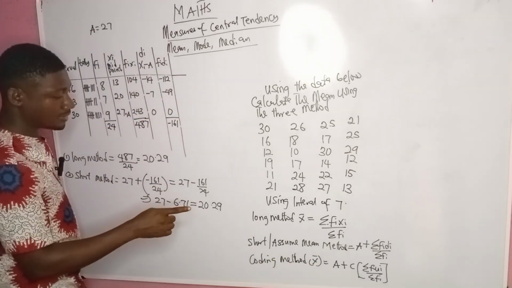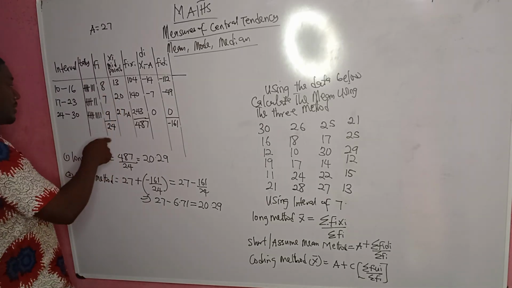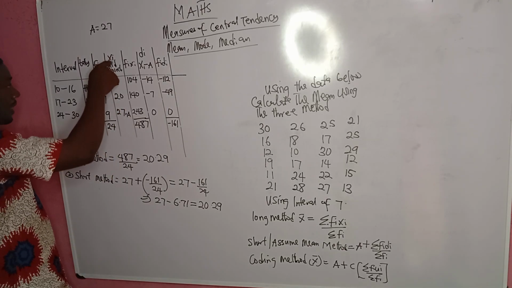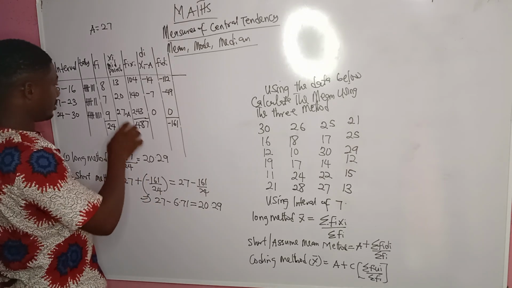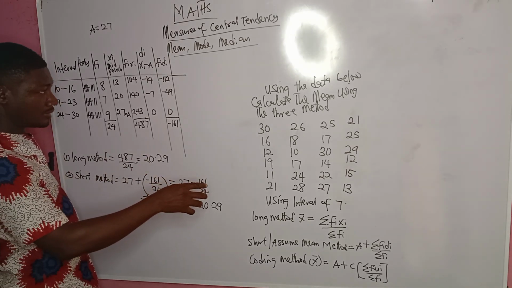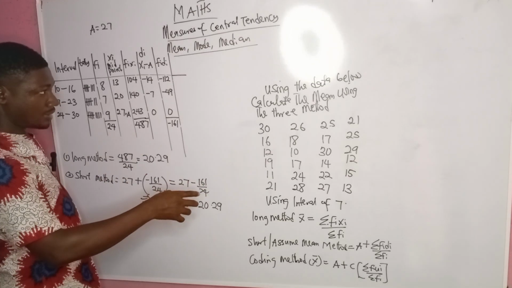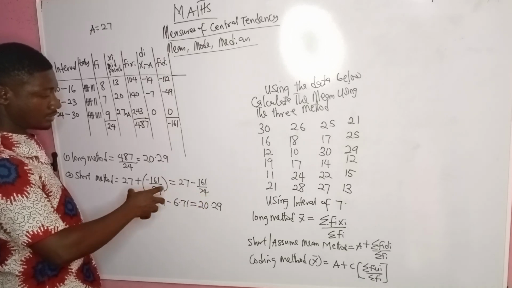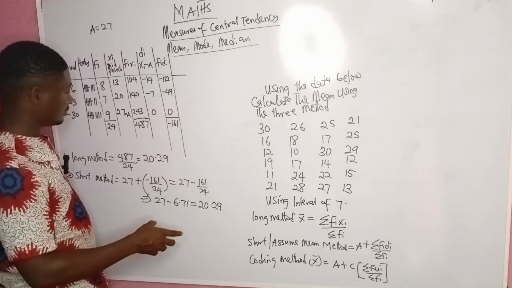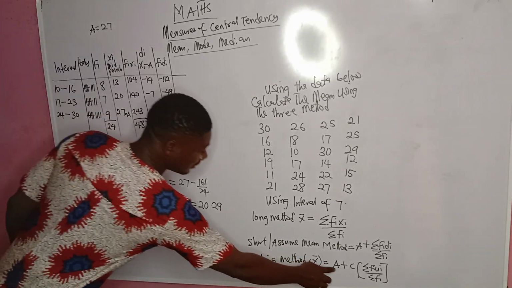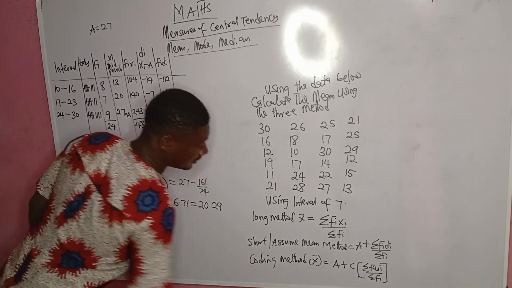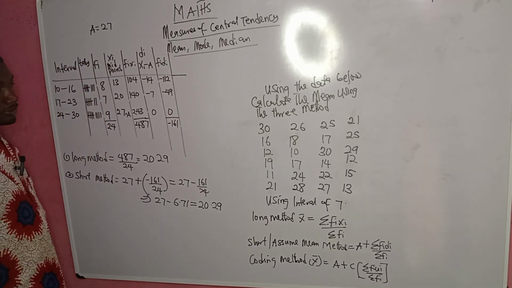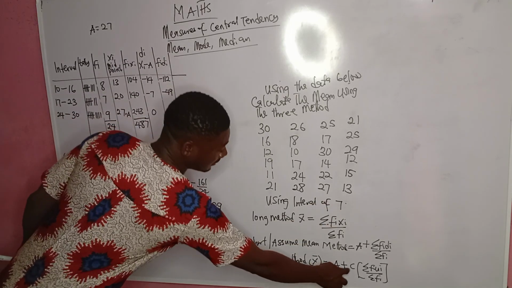Let me say how we got it again: under your frequency, the highest number in that frequency, the correspondence of it under Xi is your assumed mean. That is 27. C, which is the class size, is the interval that was given to us.